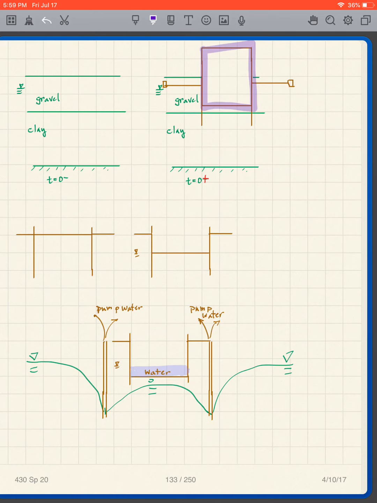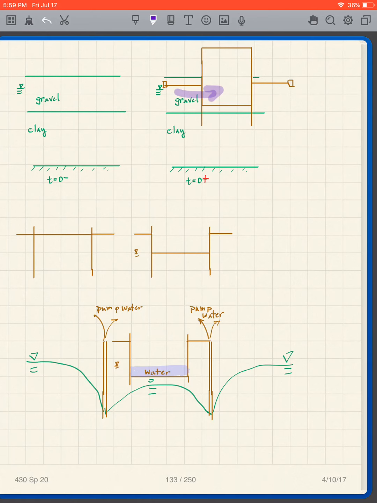Well, here's the problem with that. From a practical standpoint, what can happen is that this water will go into our excavation, and we can't work underwater in this particular case. So we end up with our excavation being filled with water.